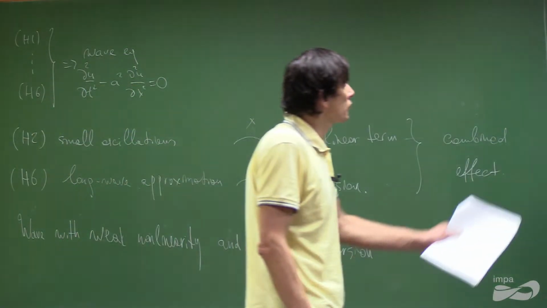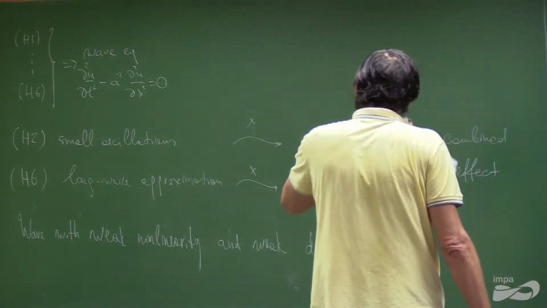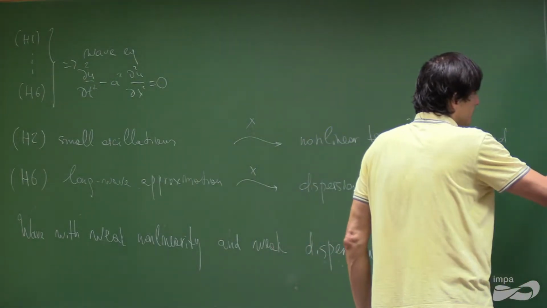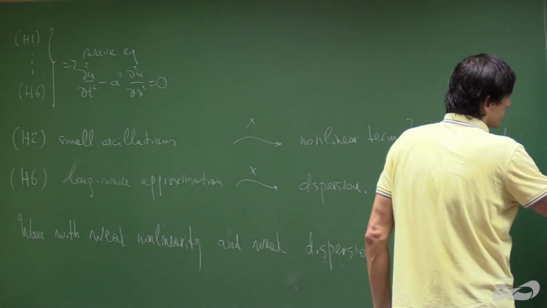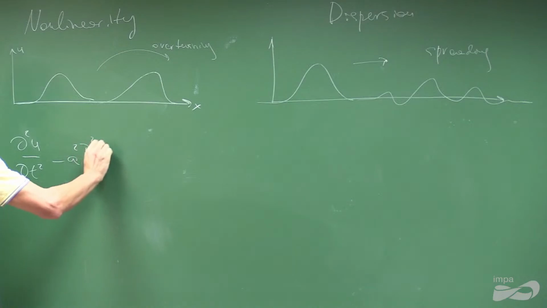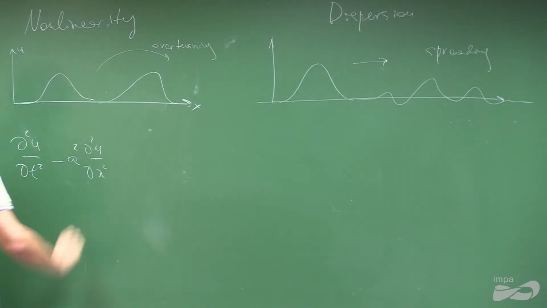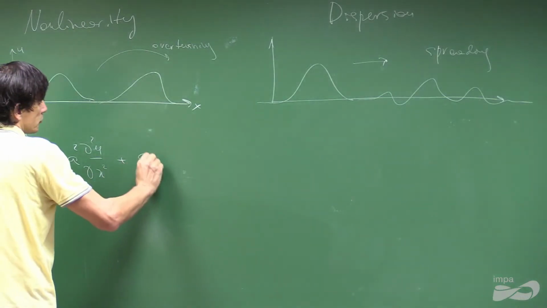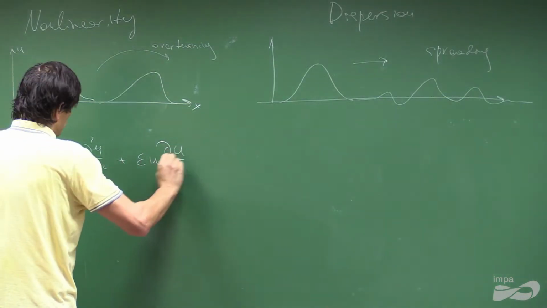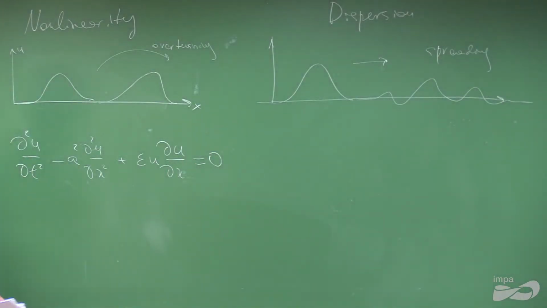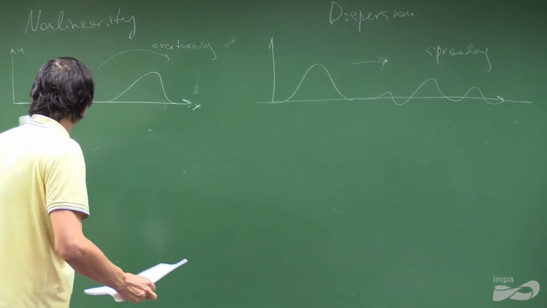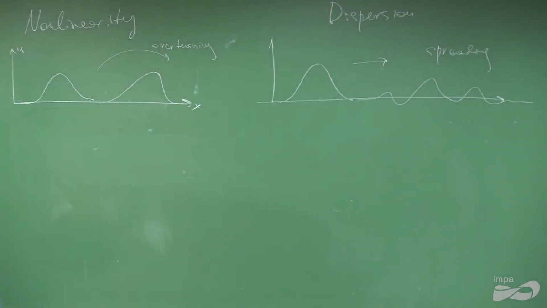So we already know what to do with weak nonlinearity. We should take the wave equation and add a nonlinear term, which is epsilon u du dx. So what did we do with nonlinearity?